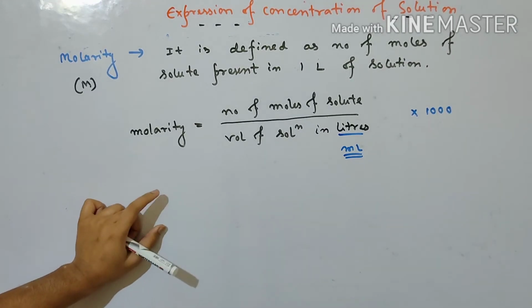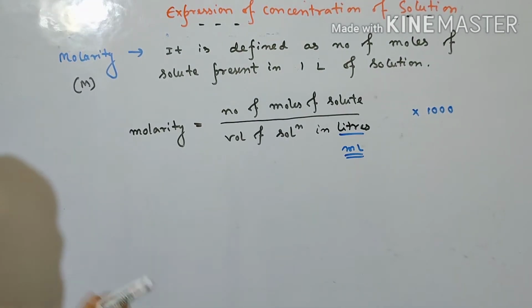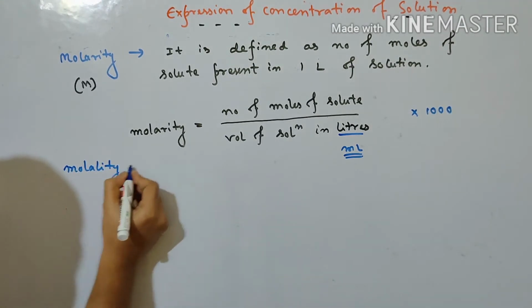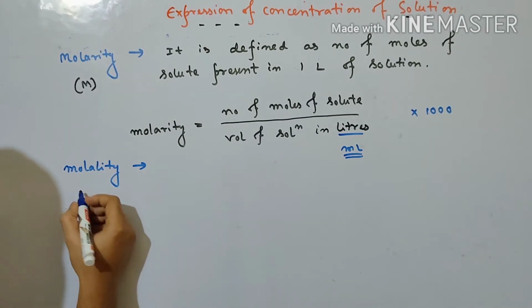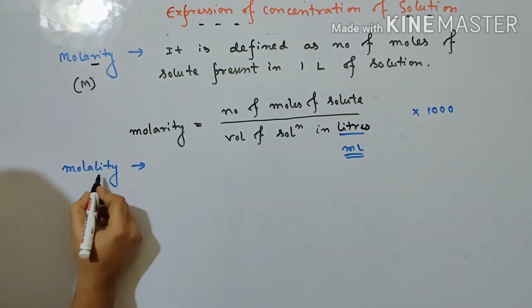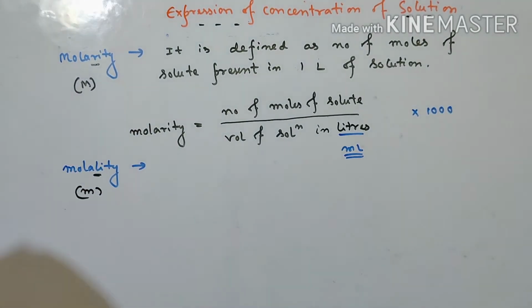And at the same point of time, I would rather like to discuss another term which is known as molality. Very similar, and students often make the mistake of getting confused between the two. So next one is molality. Remember, molality and molarity differ only this much, and it is expressed in small m. Now what is molality? It is the number of moles of the solute, same thing, present in 1 kg of the solvent.